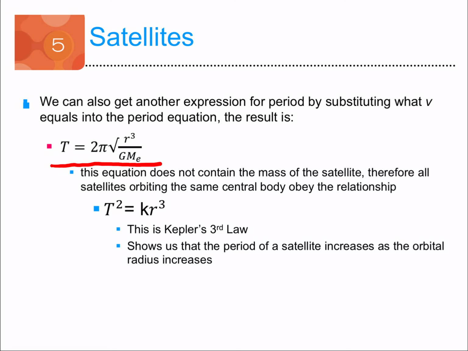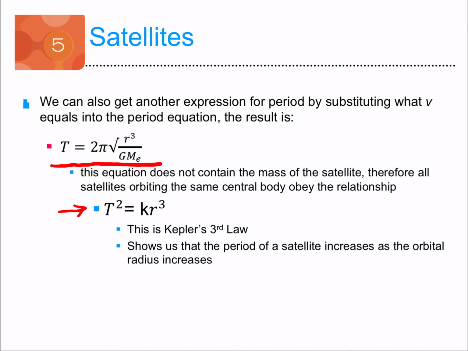Now this equation doesn't contain the mass of the satellite, so all the satellites orbiting the same central body obey the relationship. This expression right here is Kepler's third law: T squared equals K r cubed.